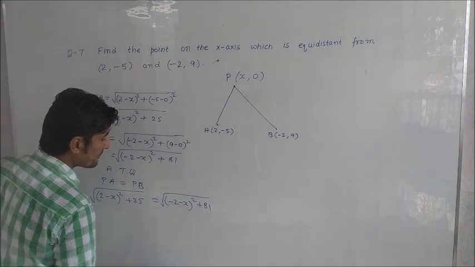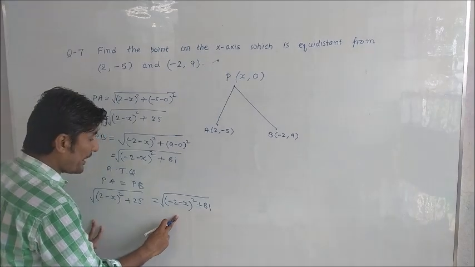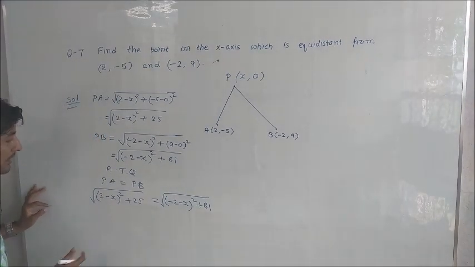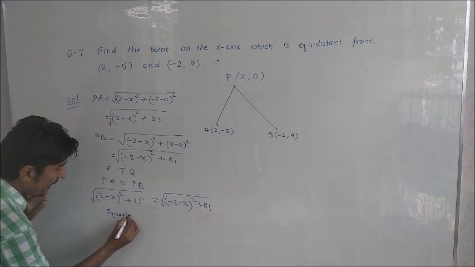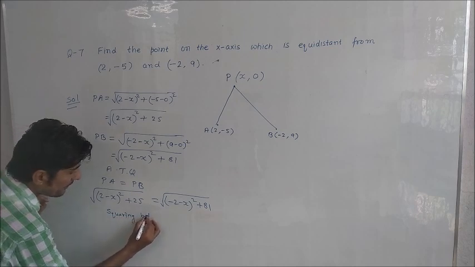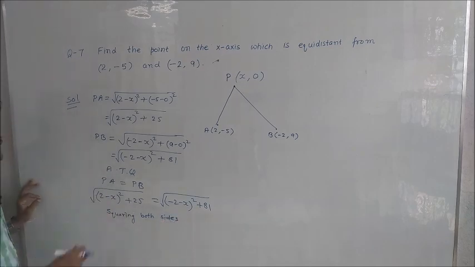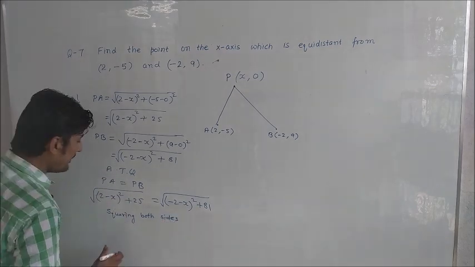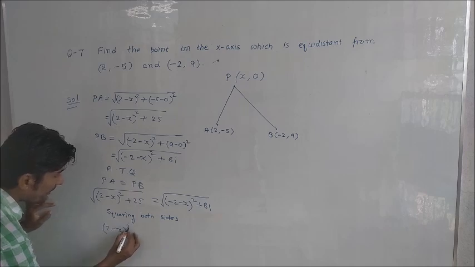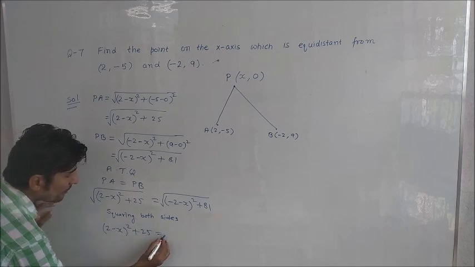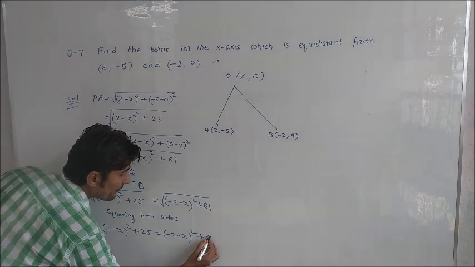Since we have a square root on both sides, we have to put a square on both sides. Squaring both sides, the root will be eliminated and finally we will have (2 minus x) whole square plus 25 is equal to (minus 2 minus x) whole square plus 81.